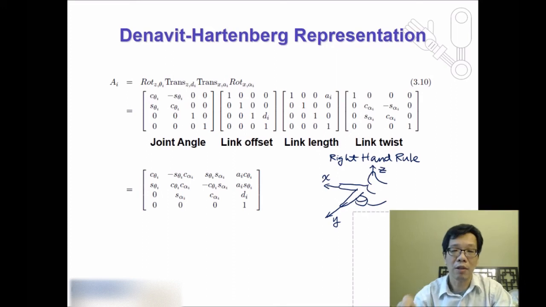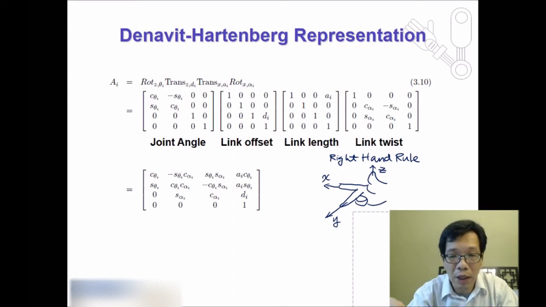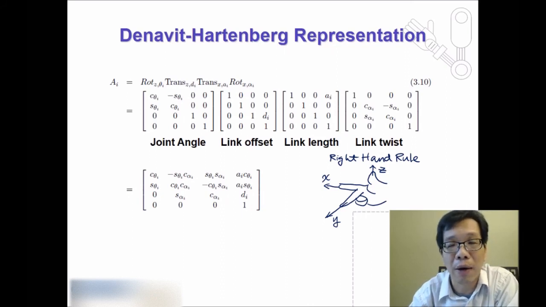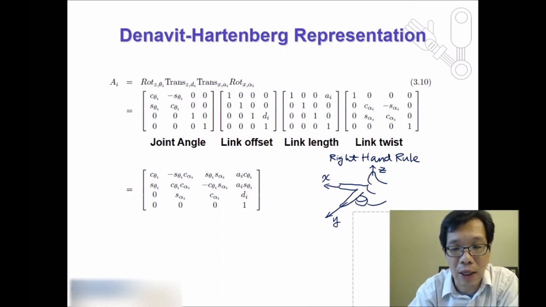Now, there are many other things we need to know. Based on what we know earlier, we got 4 coefficients, 1 rotation and 1 translation along or about the z-axis. They are theta and d. And there is another angle and translation that is corresponding to x-axis. They are a and alpha.